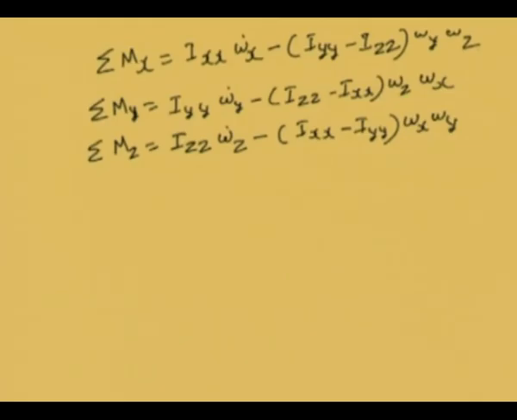Had we not used the principal axes, the expressions would have been very complicated, but now we have simplified expressions: sigma Mx is equal to Ixx omega dot x minus (Iyy minus Izz) omega y omega z; sigma My is equal to Iyy omega dot y minus (Izz minus Ixx) omega z omega x; sigma Mz is equal to Izz omega dot z minus (Ixx minus Iyy) omega x omega y.